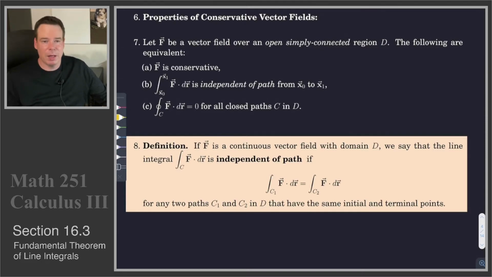So it's independent of path if the line integrals only depend on the initial and terminal points. Now we've already seen from the fundamental theorem of line integrals that if F is conservative, then it's independent of path.